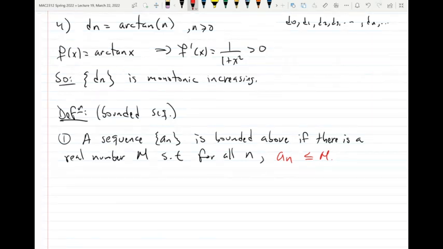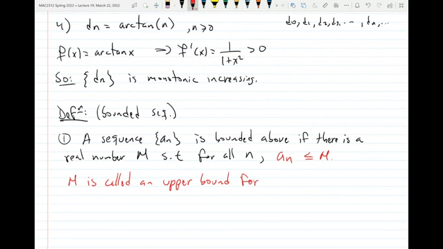Okay? This number, we call it an upper bound. So M is called an upper bound for the sequence.